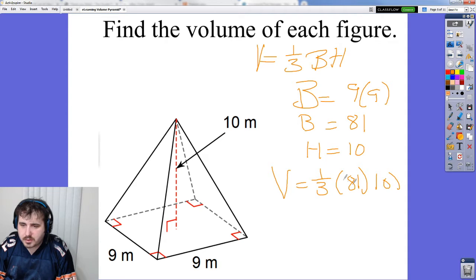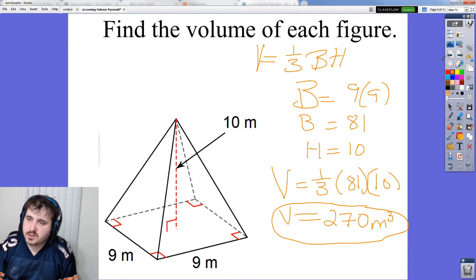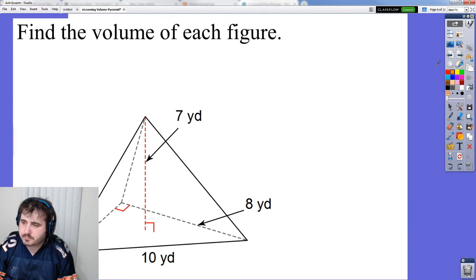I'm going to do this part first. 81 divided by 3 is 27, right? So 27 times 10, 270. And our units here are in meters, but volume is meters cubed because it's a three-dimensional measurement. How much space is this pyramid taking up?